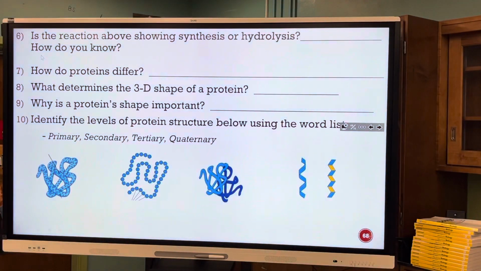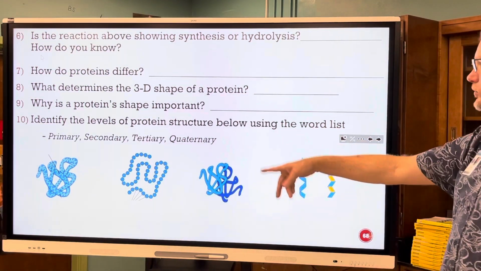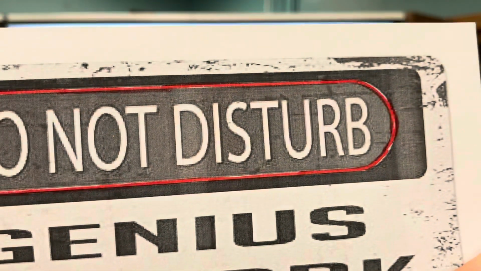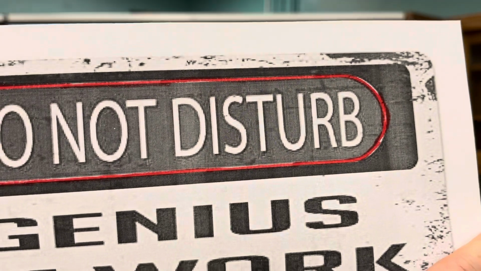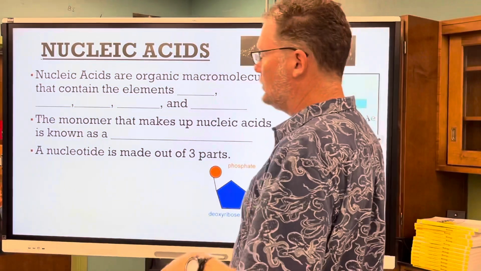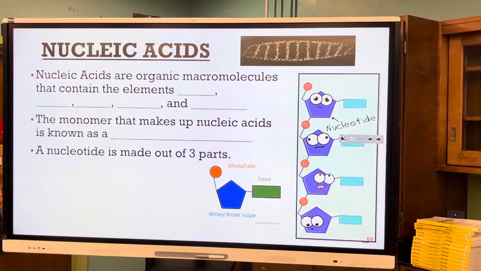And there's a second page where you have to identify the structures, which we just talked about, using that vocabulary. Now, nucleic acids are the last macromolecule.